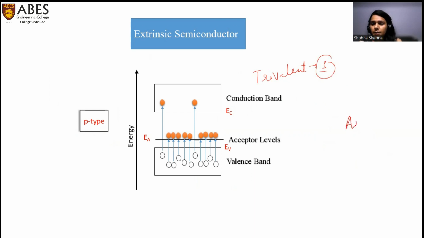Let's say the impurity is aluminium. It has 3 electrons in its outermost shell, and this aluminium will share its 3 outermost shell electrons with the neighboring silicon atoms.